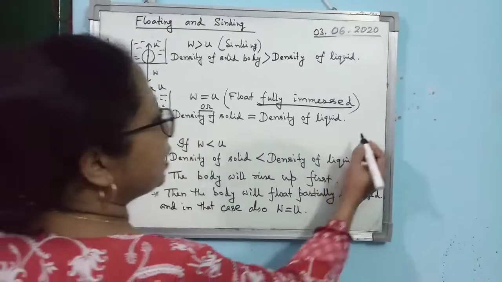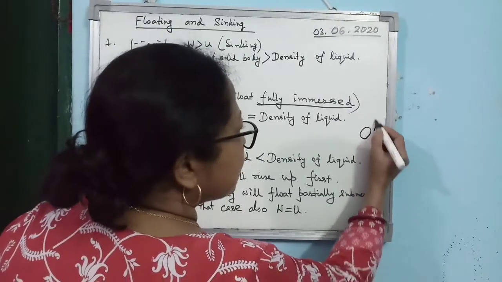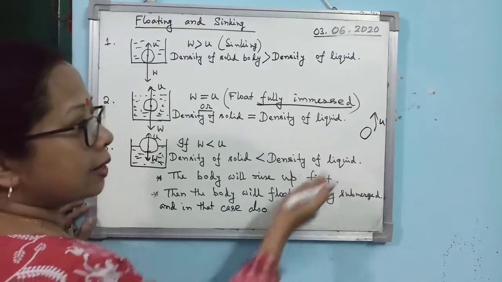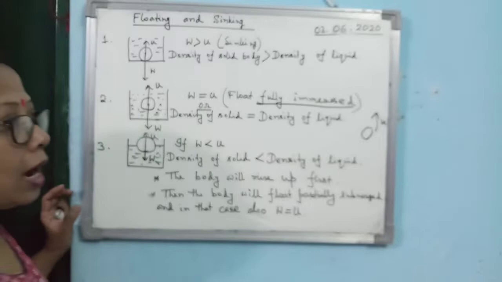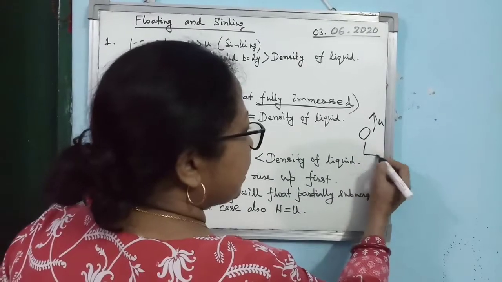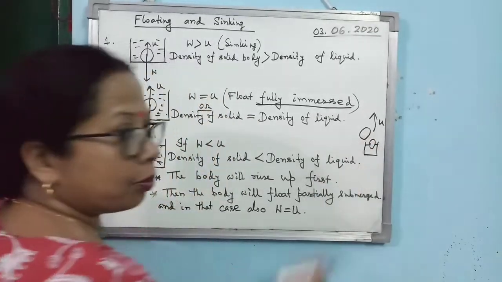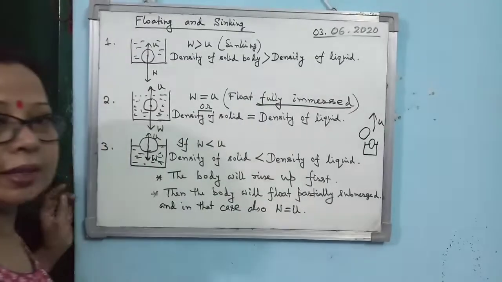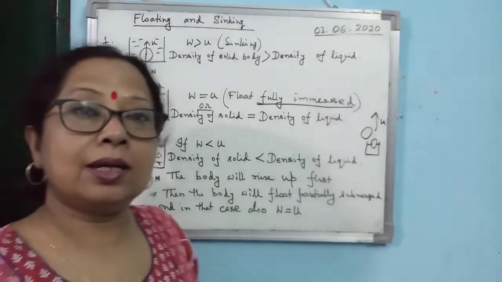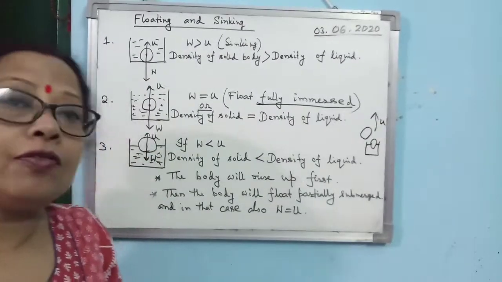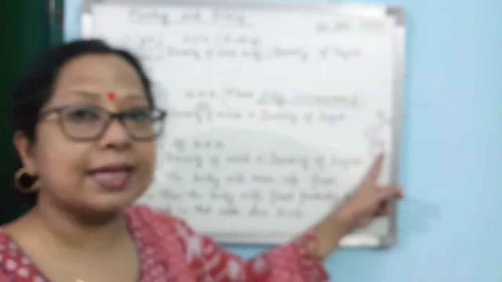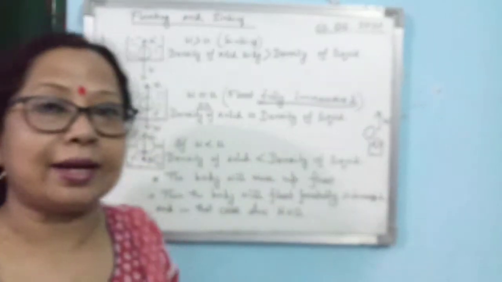So here you see what is happening. First, upthrust is more than weight. So the body will start rising up. Now, when the body rises and slowly comes out from the water, the volume of displaced water decreases. When the volume of displaced liquid decreases, upthrust also decreases.